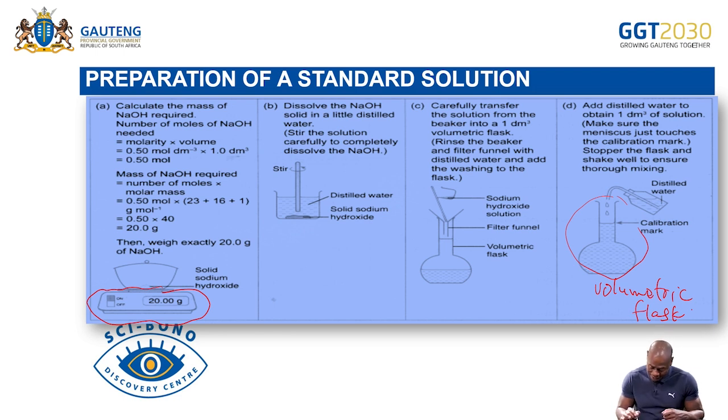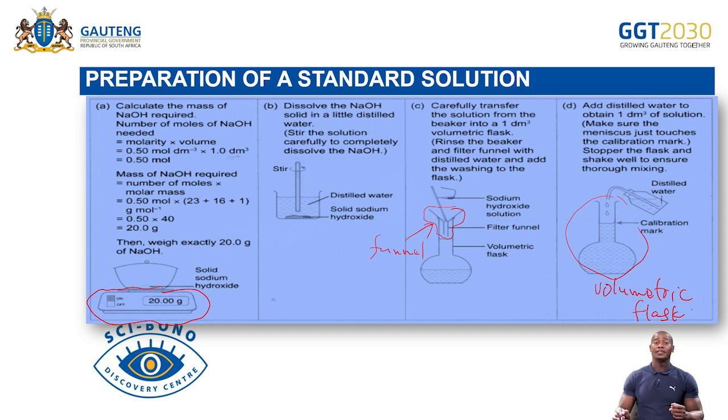What else are we having here? We are having a funnel. You see this thing? This is a funnel, for you to be able to transfer all the contents into the volumetric flask. And then what else do we need, except the funnel and the volumetric flask?